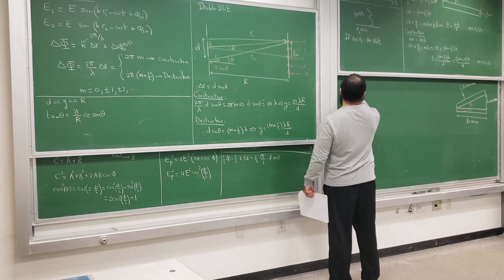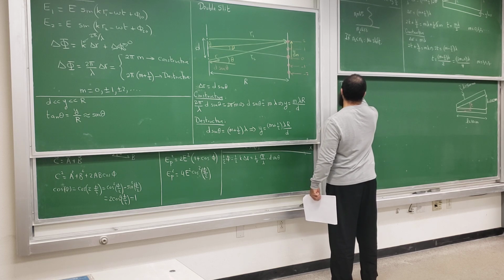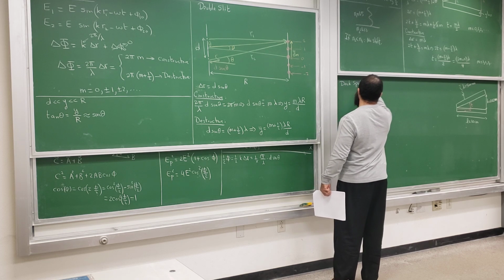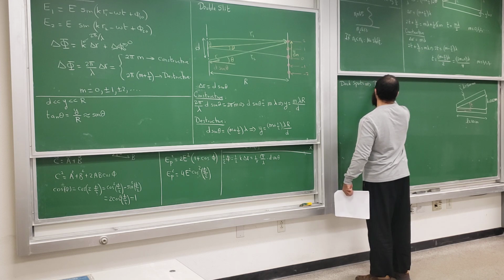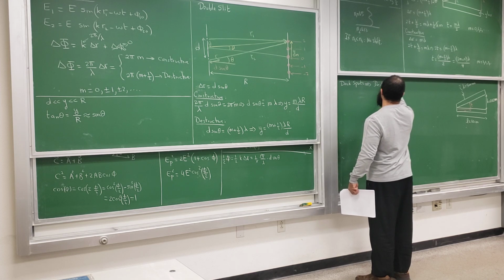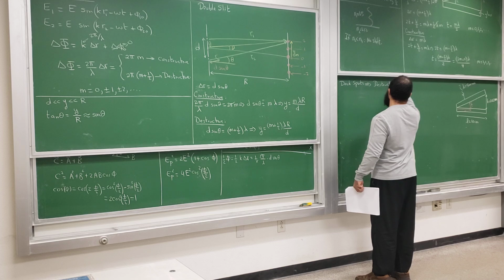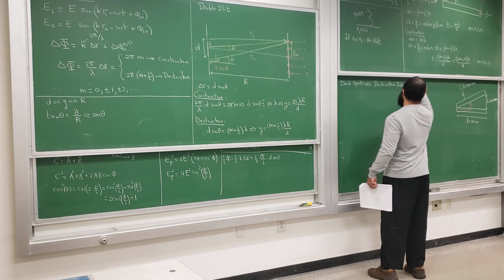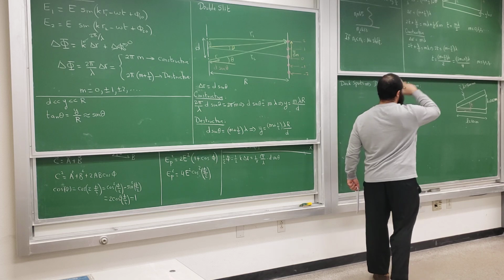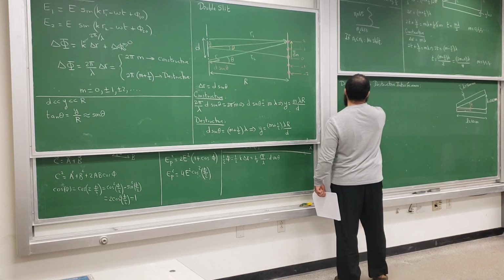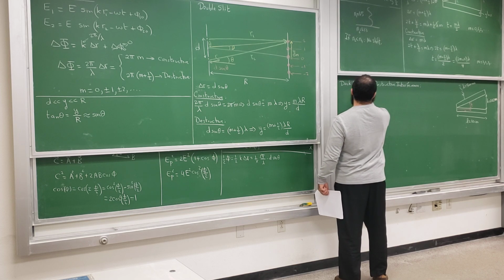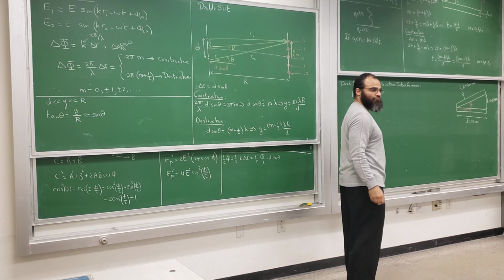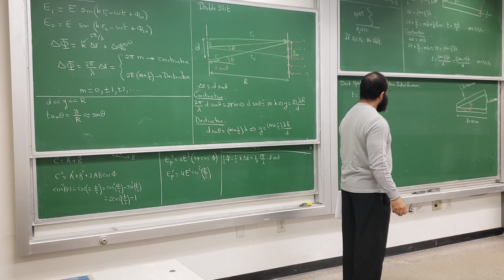Dark spots means destructive interference. We found it: the thickness is t equals m lambda divided by 2.